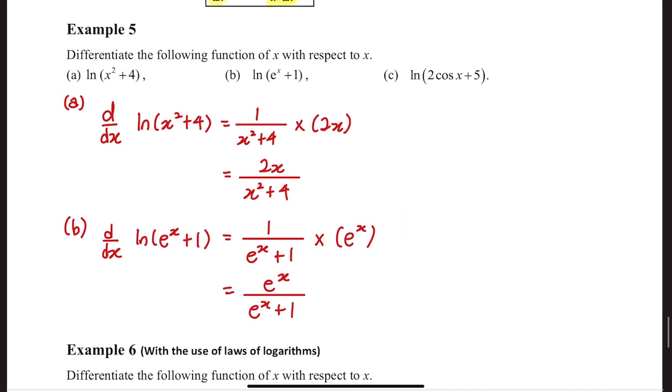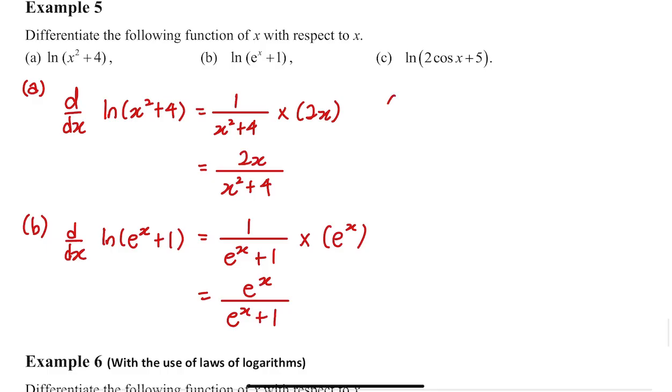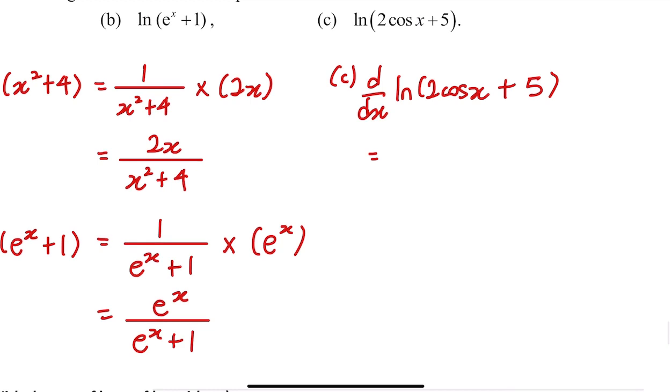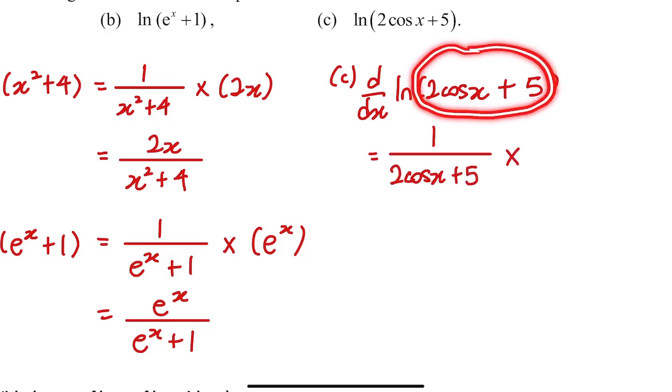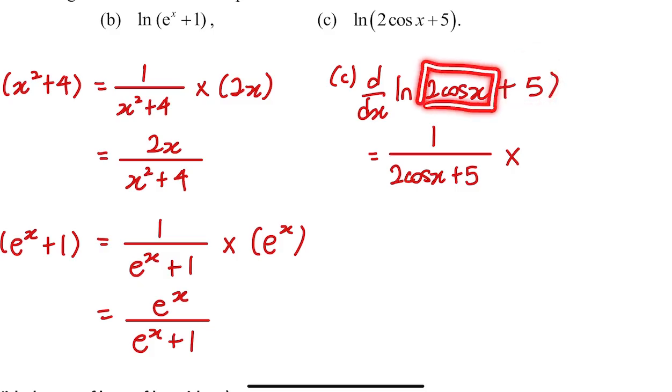Now for the last one, part C, I want to differentiate with respect to x ln 2 cosine x plus 5. So this will be equals to, same steps, 1 over 2 cosine x plus 5. Then I'll multiply this by differentiating what is inside the bracket over here. So you know differentiate 5 will be 0, but differentiate 2 cosine x.